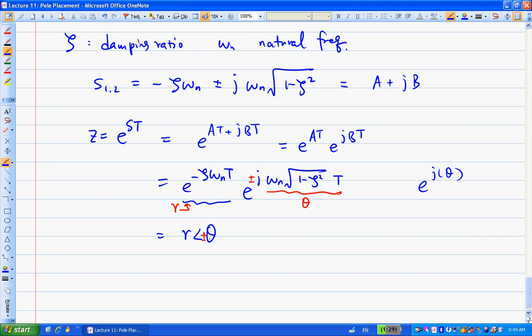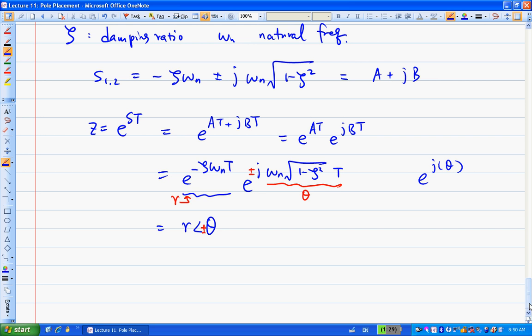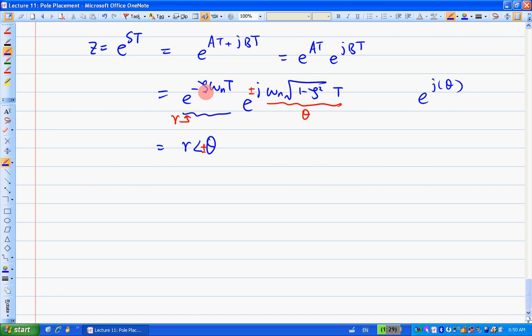Okay, yeah. So what we need is the relationship between zeta, omega n and r, theta here, and actually it's quite easy because we have r equal to this. We have theta equal to that. Okay, so two equations, two unknowns.